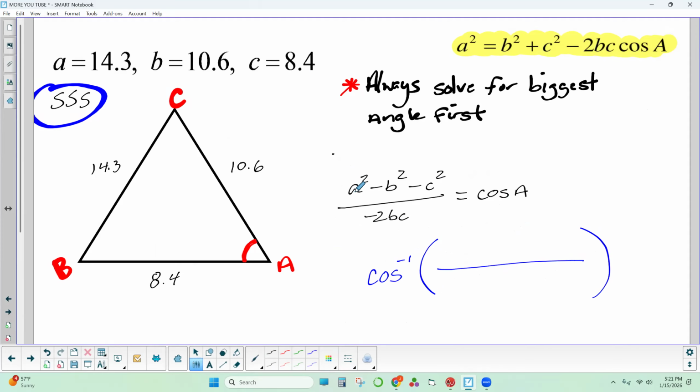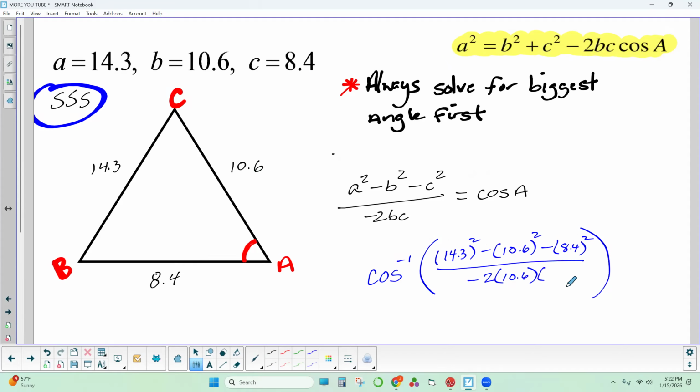So side A across from A, 14.3. Square that. Subtract B across from B is 10.6. Square that. Subtract C across from C is 8.4. Square that. All over minus 2B, back to B is 10.6 times C.